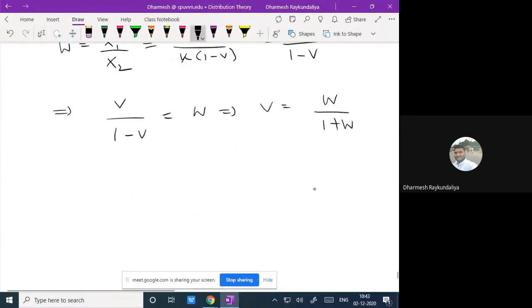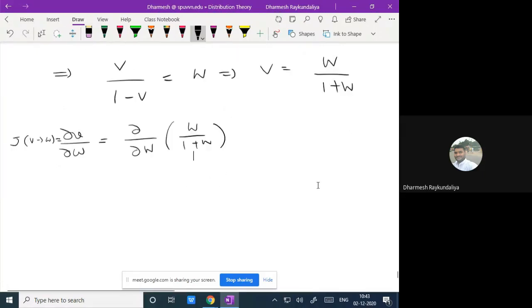Okay, so now we wish to find out the Jacobian. So the Jacobian of v with respect to w is equal to the derivative of w upon 1 plus w.